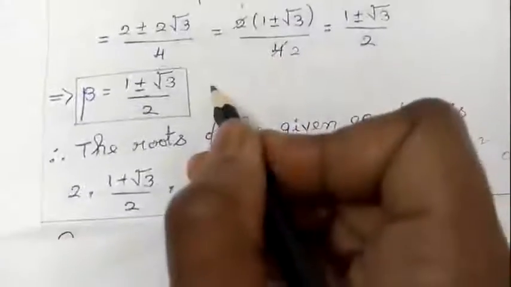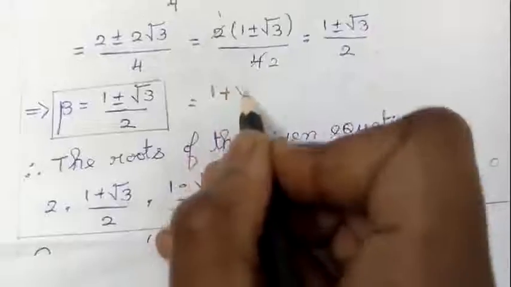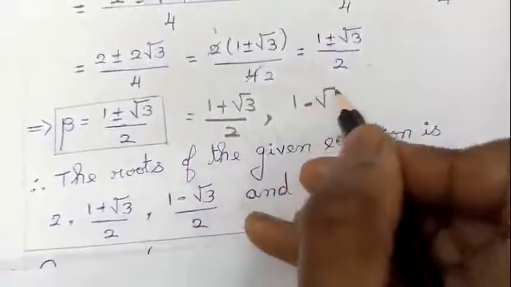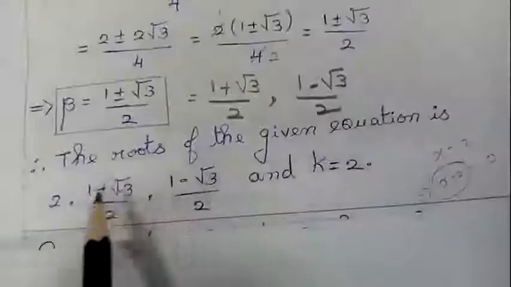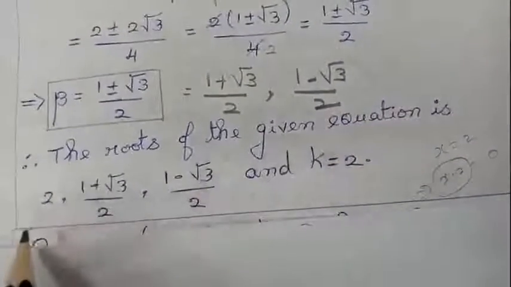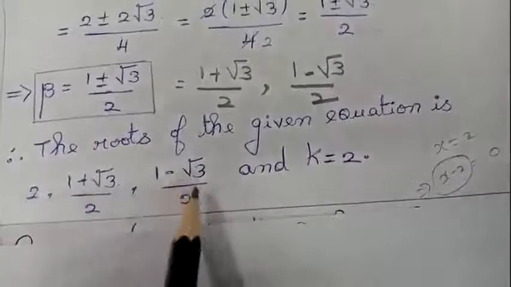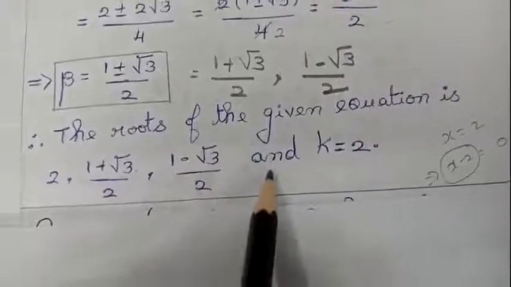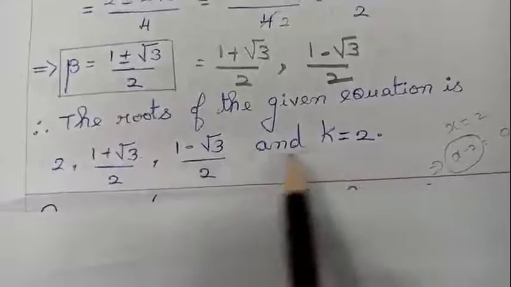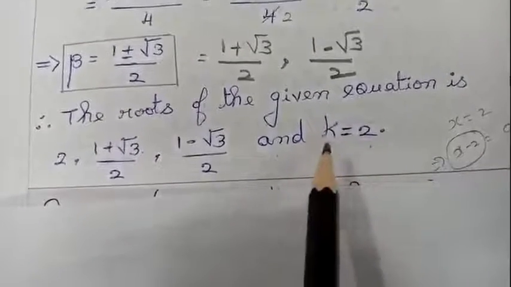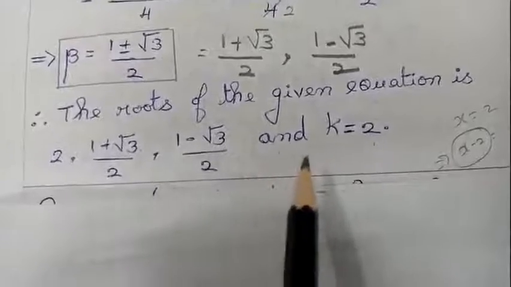This can be split like this: 1 plus root 3 by 2, comma, 1 minus root 3 by 2. Therefore, the roots of the given equation are 2, comma, 1 plus root 3 by 2, comma, 1 minus root 3 by 2, and they are asking you to find the value for k, and the value for k is 2. You try the calculation, students. If you work out the sum, you will understand the concept.